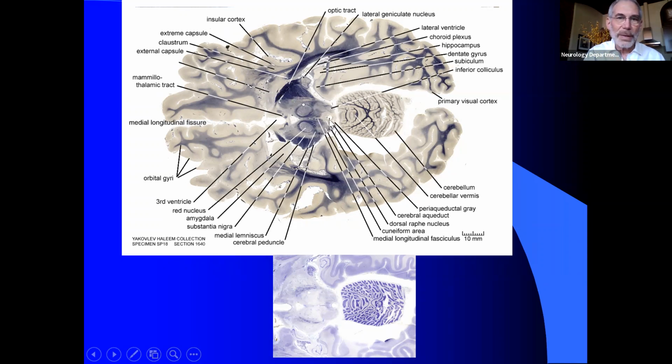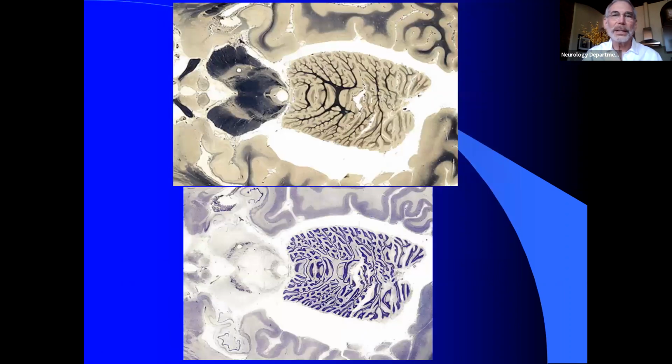The fastigium, as the fourth ventricle, is going to become the aqueduct of Sylvius. The interpeduncular fossa is divided by this pathway, which is the mammillothalamic tract here. We're going to study this in the future, but that's diencephalic.